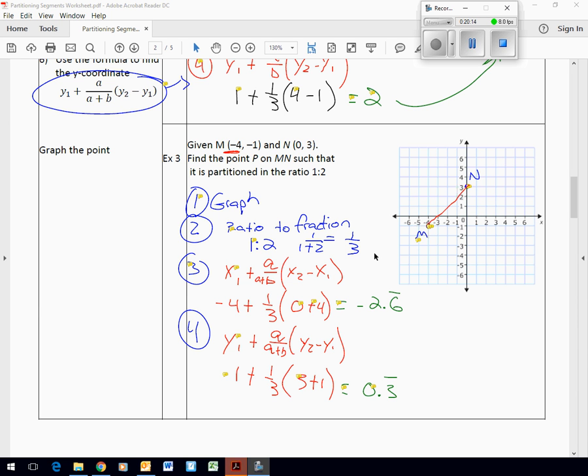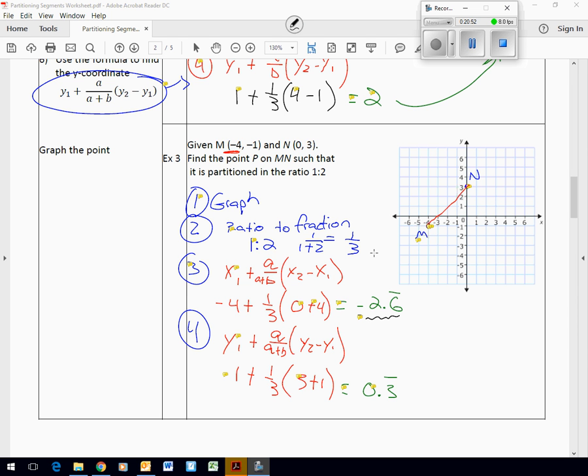So how do I graph that point? This is why I like doing this with decimals. If I'm going to graph this point, I go between -2 and -3. It's a little bit more than halfway. Let's just estimate -2.6 to be about right there.